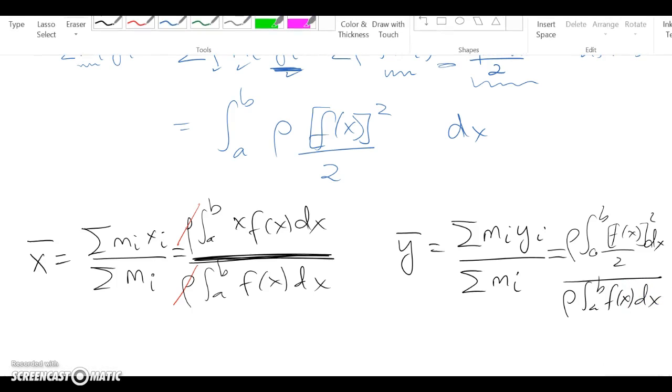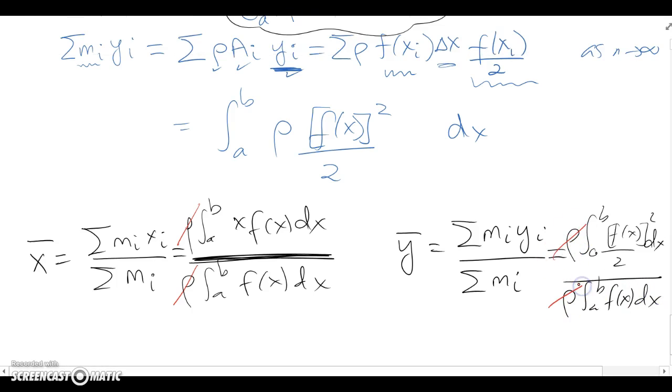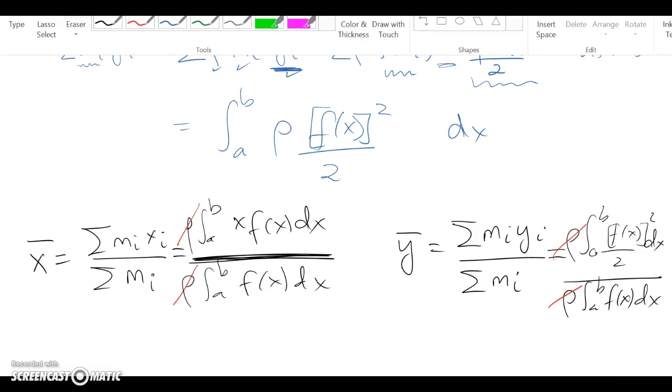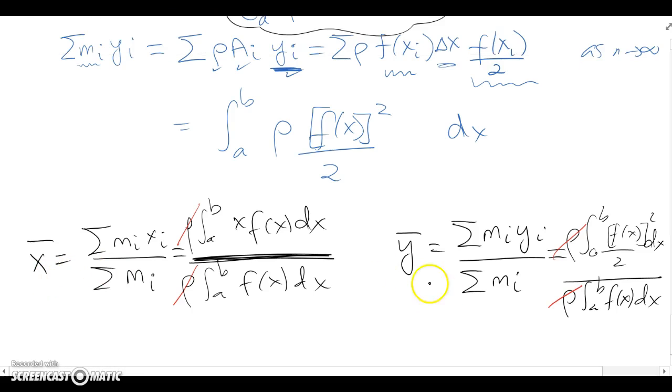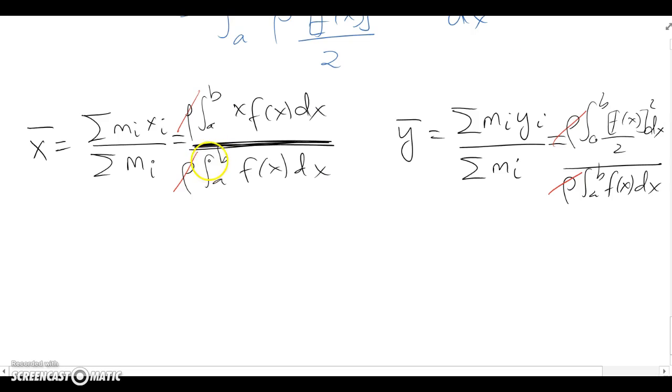And similarly, you'll see that the density goes away. So we have now the x-coordinate and the y-coordinate of balancing that lamina. I'm going to call this just A because that's simply the area under the curve you're dealing with, so that we don't have too many integrals flying around.